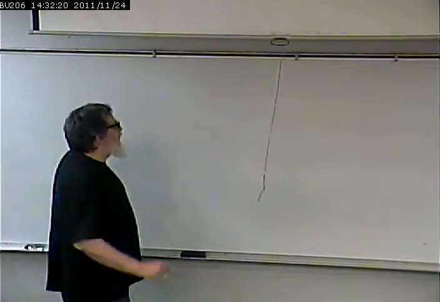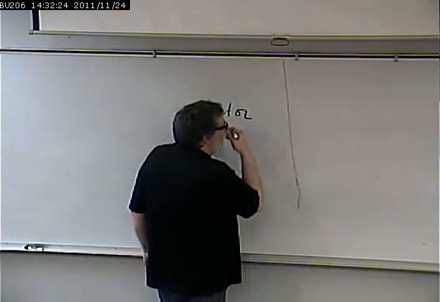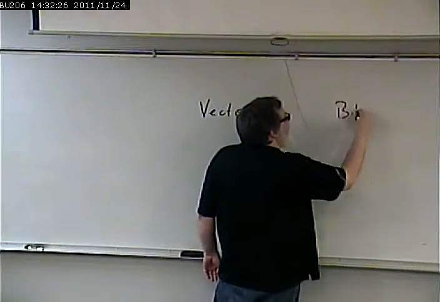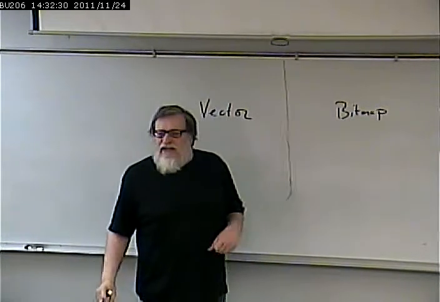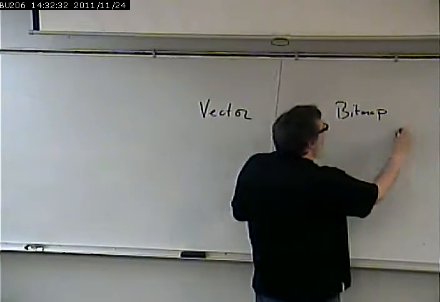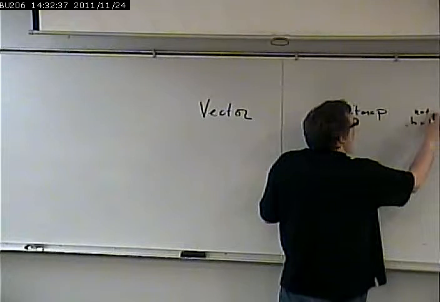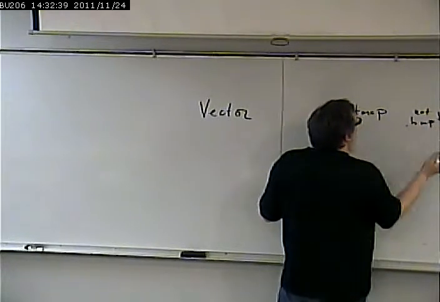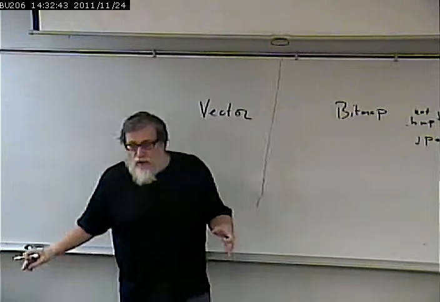These two types of images are called vector images and bitmap images. Now, by bitmap, I don't mean just the .bmp file in Windows. So it's not just the BMP. But actually, JPEGs are also bitmaps as well.